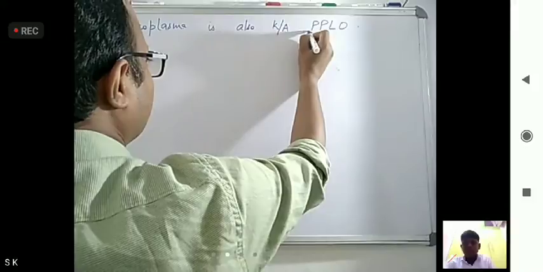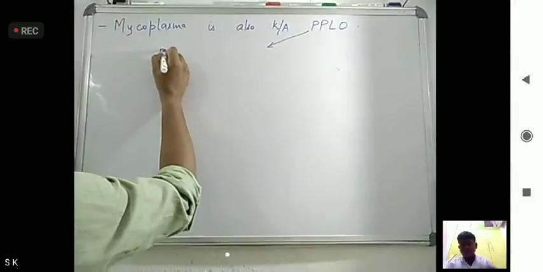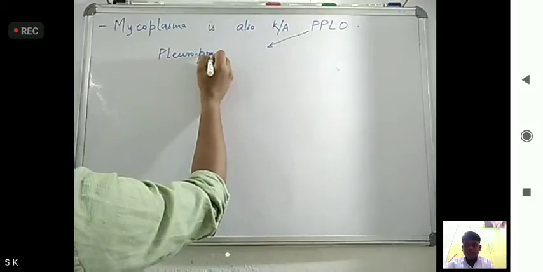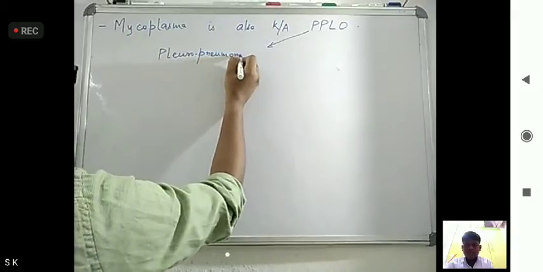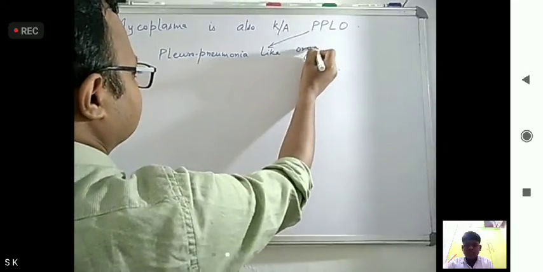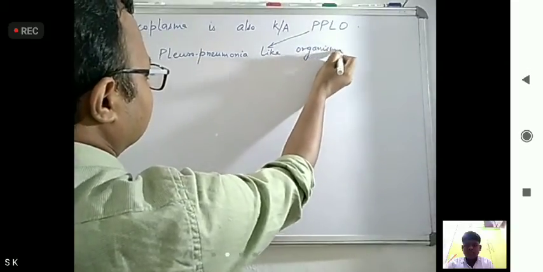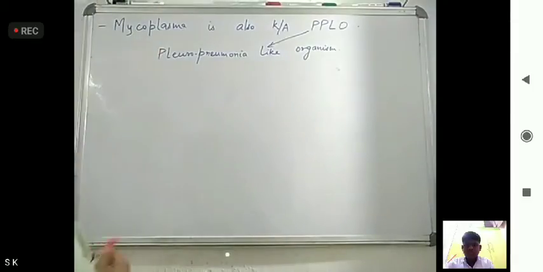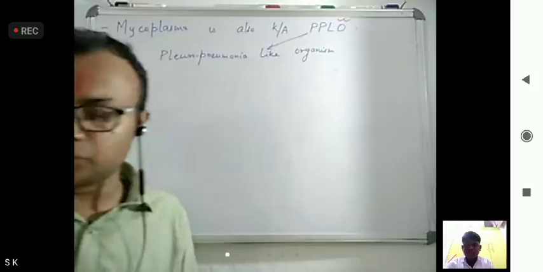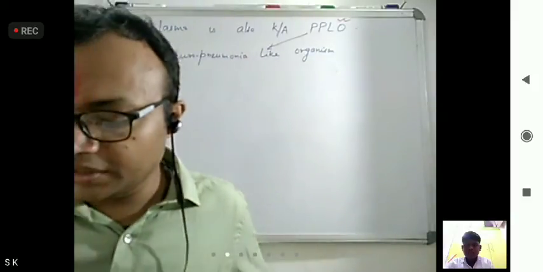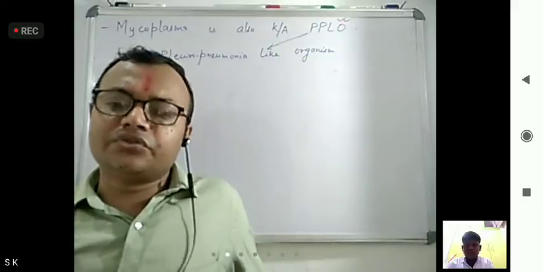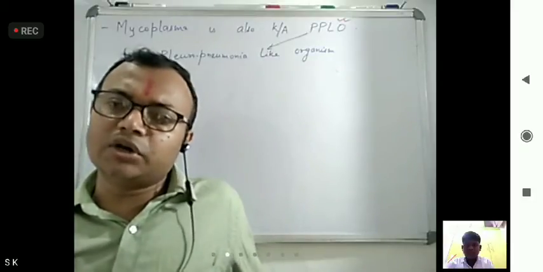What do you mean by PPLO? PPLO means pleuropneumonia-like organism. So if another question asks which organism is known as PPLO, that is mycoplasma.